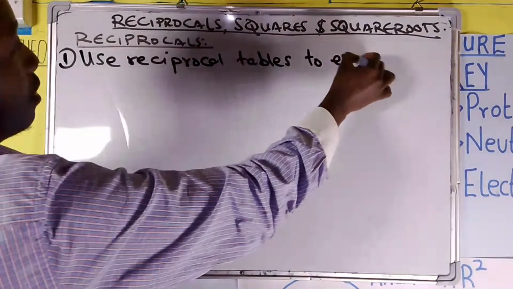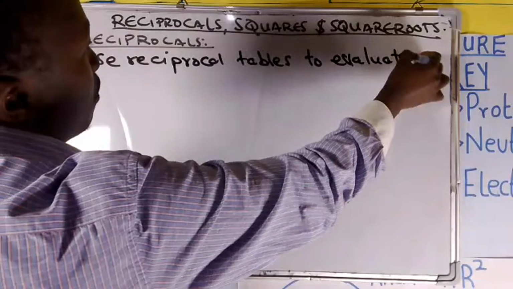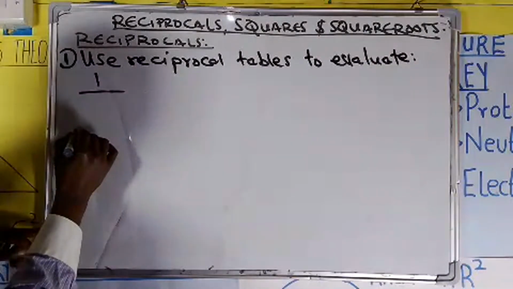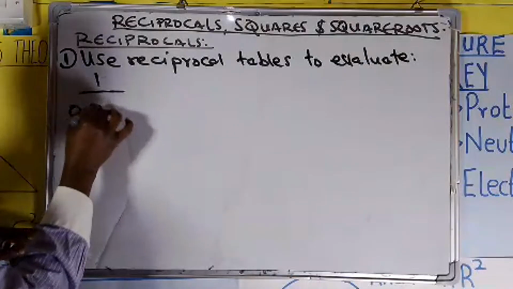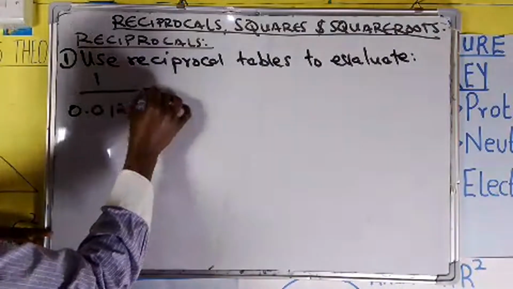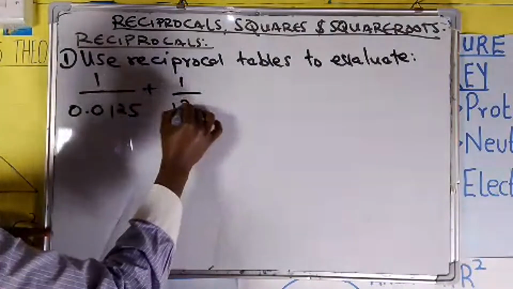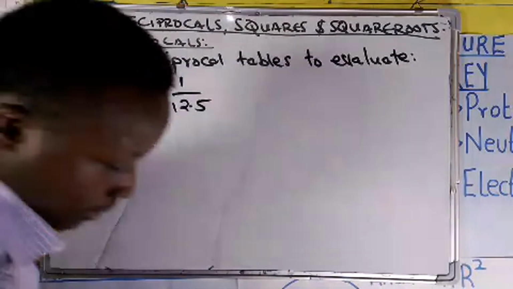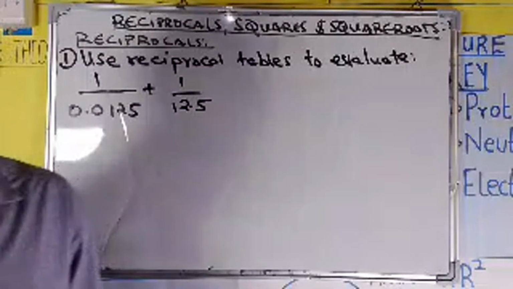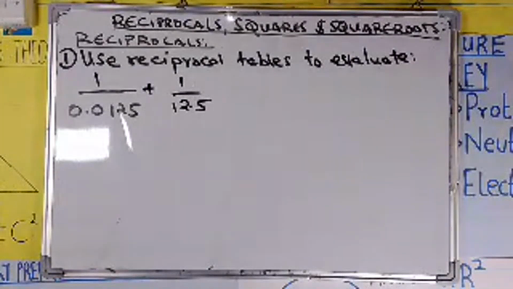to evaluate. Use the reciprocals table to evaluate 1 over 0.0125 plus 1 over 12.5. So we are supposed to use mathematical tables to evaluate this kind of question.